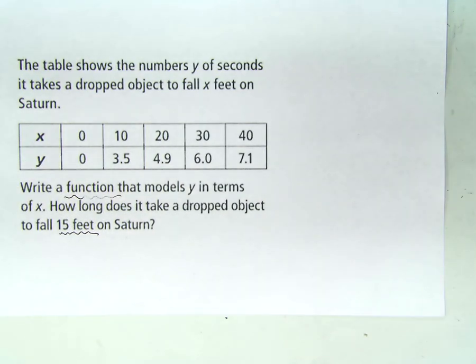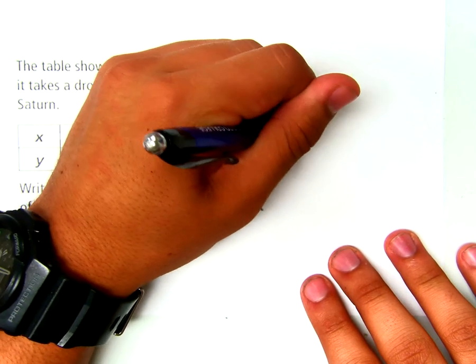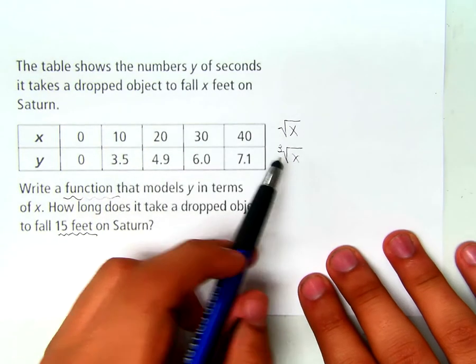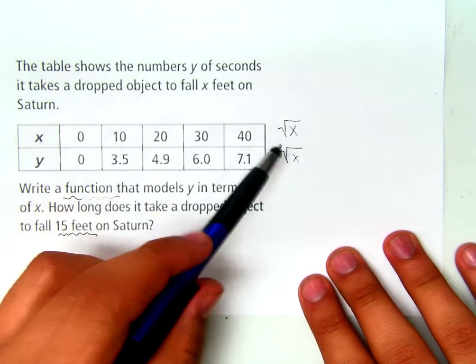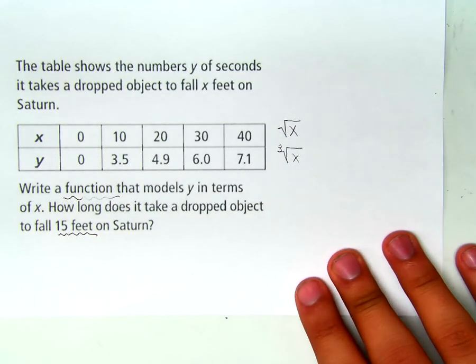So we've been talking about square root functions and cubed root functions, okay. We've been talking about these two here, square root of x and the cubed root of x. So we first want to figure out what does this data more closely resemble.